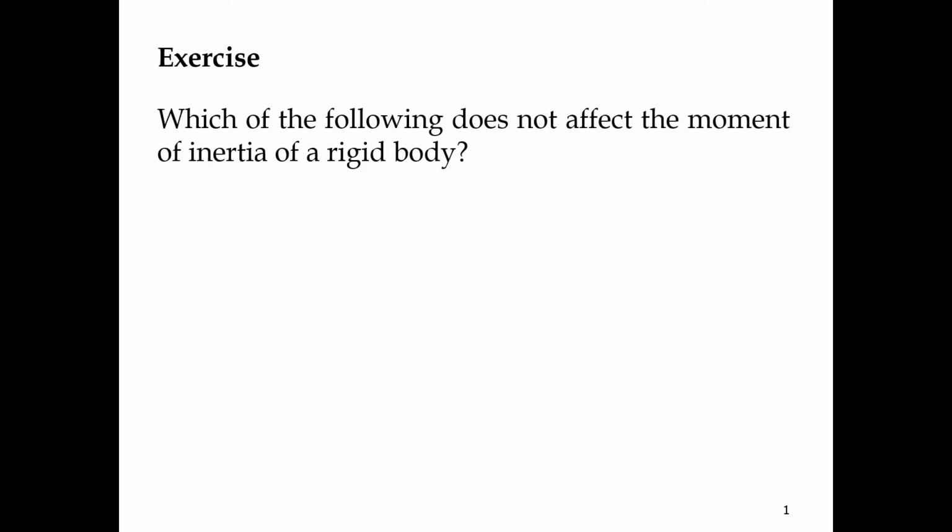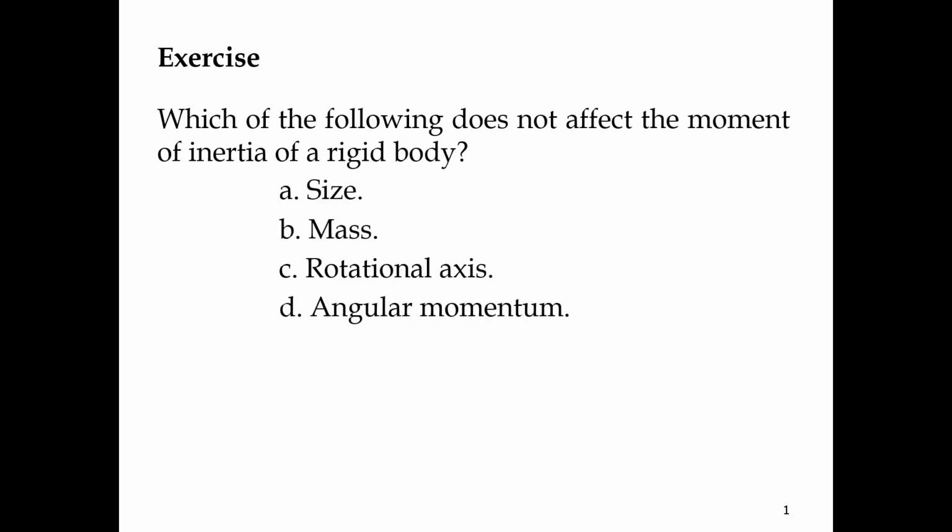Let us try this exercise to enhance your understanding. Which of the following does not affect the moment of inertia of a rigid body? A. The size. B. The mass. C. Rotational axis.